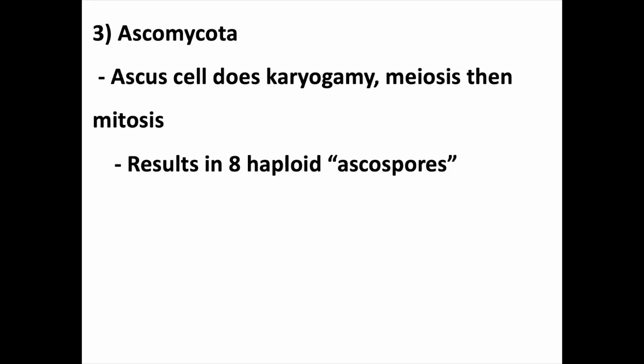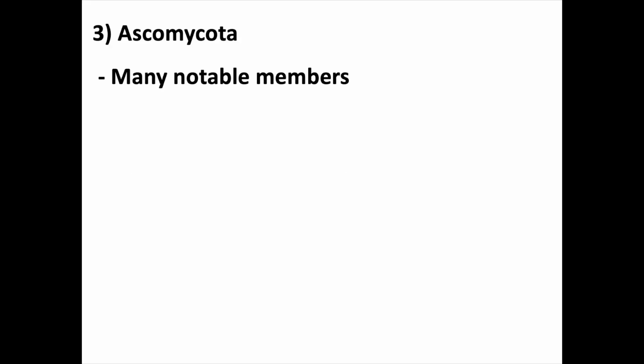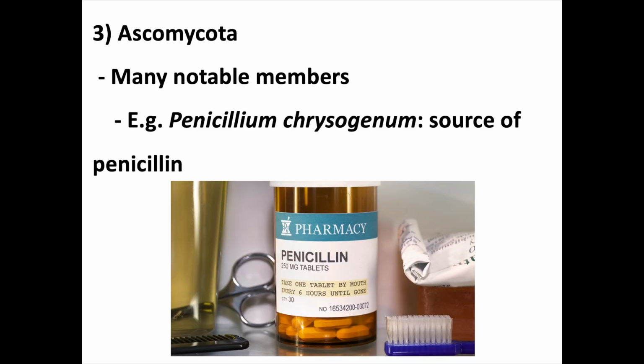So what about notable members? Well, there are a bunch of notable members. To rattle off some of these, they include Candida albicans, a pathogen responsible for oral thrush. Google that one at your own risk. Yeast infections, morels and truffles, mycorrhizae, lichen, and the 2 that I want to call out in particular, penicillium.